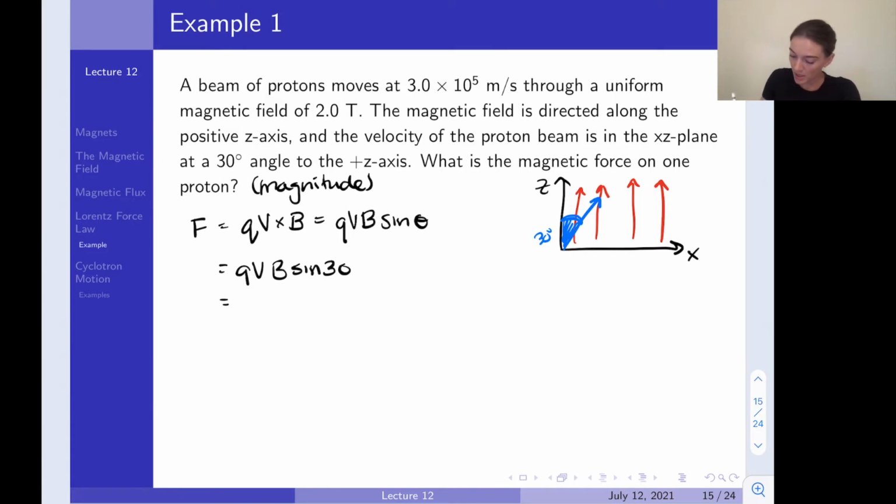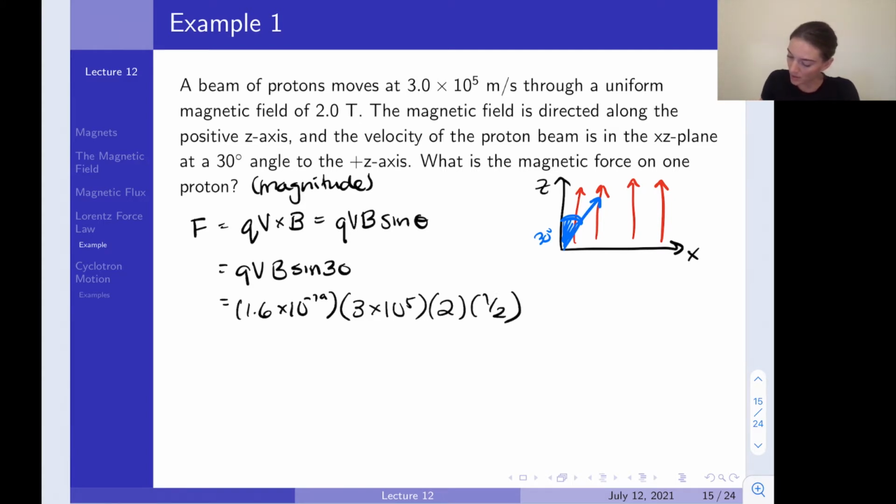So the charge is a positive 1.6 times 10 to the negative 19, since it's a proton we're looking at. The velocity was 3 times 10 to the 5th meters per second. The magnetic field was 2 Tesla, and then we had sine of 30, which is 1/2.